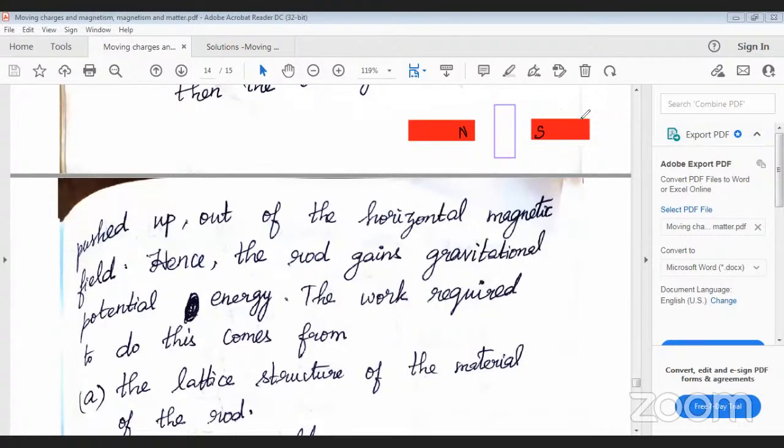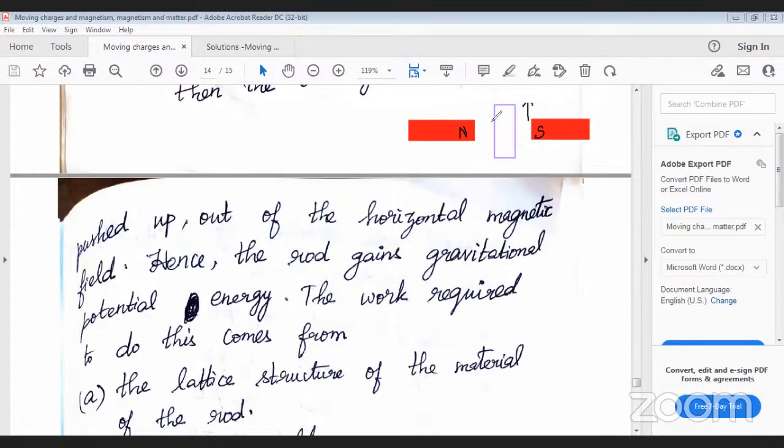So when you switch on this electromagnet, magnetic field lines start flowing. That means this electromagnet acquires magnetism after the current is switched on. So when the magnetic lines start flowing, the diamagnetic rod goes up. In this process, it gains potential energy.